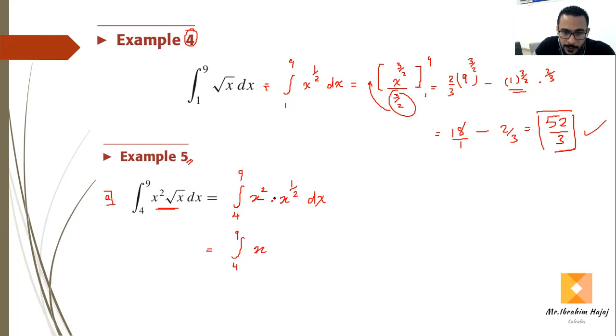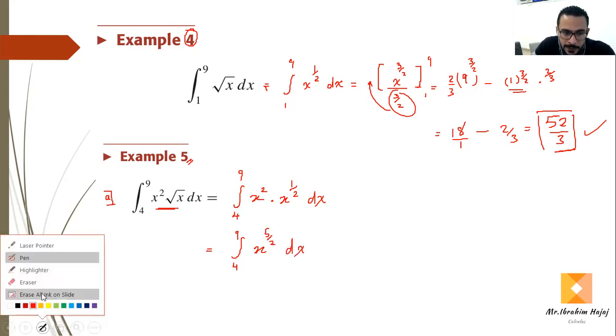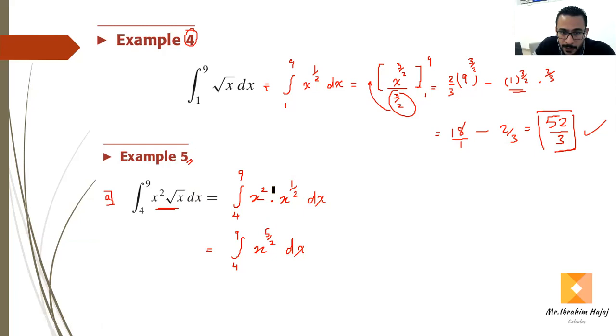Add the exponents while multiplying: 2 plus half is 5 over 2, or 2.5. Again, there's no splitting, that's only for plus and minus. I just added the exponents to write them as a single exponent. Now I can work on it normally, which is x to the power of 5 over 2 plus 1, over the new exponent, which is 7 over 2, or I can write it multiplied by 2 over 7.